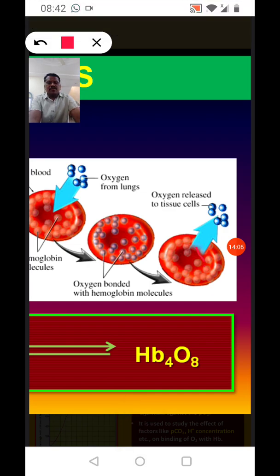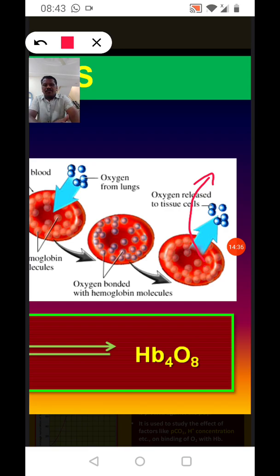The oxygen is coming outside, diffusing into the tissues. And what does that mean? In the tissues, partial pressure of oxygen is low, partial pressure of carbon dioxide is high, temperature is high, pH is high. That's why hemoglobin is giving away oxygen. Okay, and that means oxygen goes to the tissues.